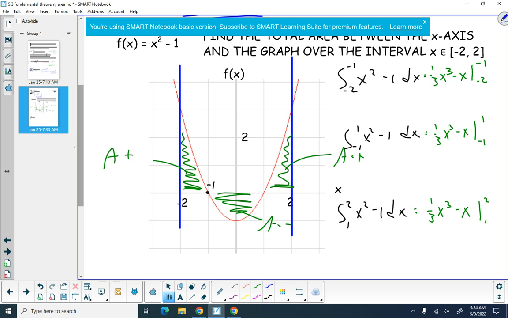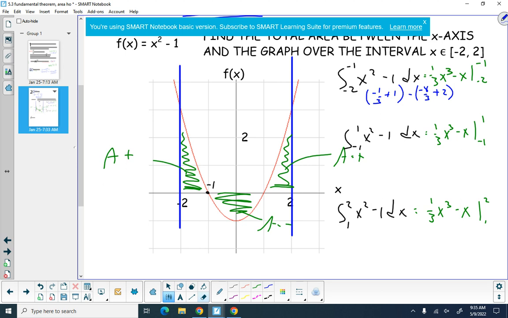So we have, let's see, -1/3. And you really have to watch your negatives as you go through this. -1/3 plus 1 is your evaluation at the top value, putting in -1 for x. So we have -1/3 minus the -1, which is plus 1. Then we subtract off, we need to evaluate at -2, so we have -8/3 plus 2.